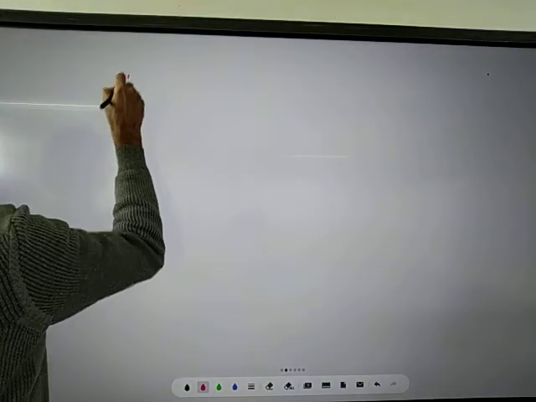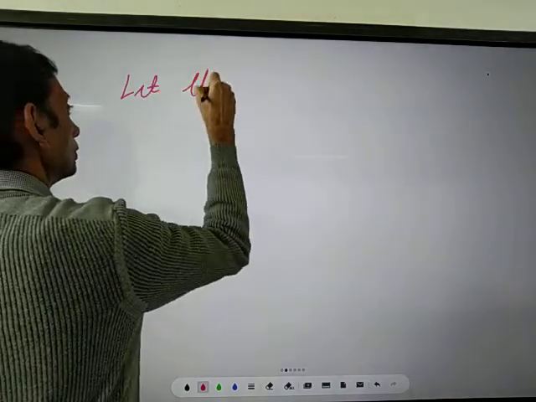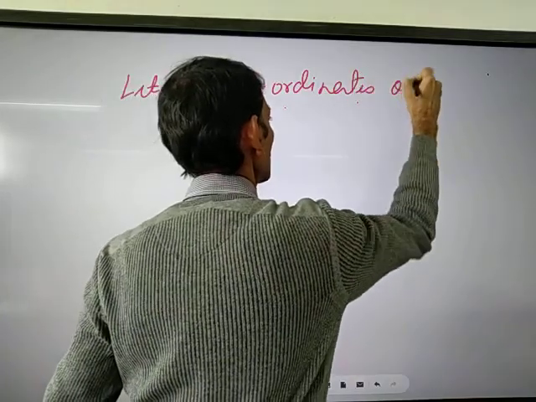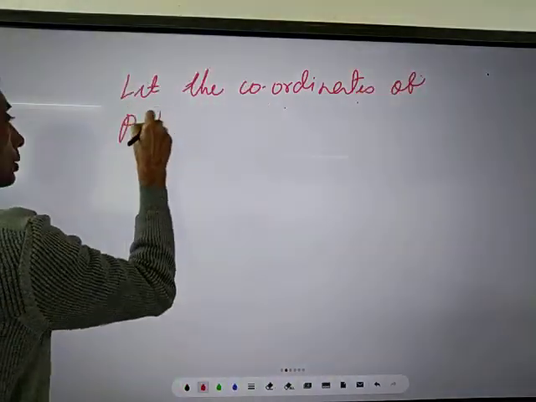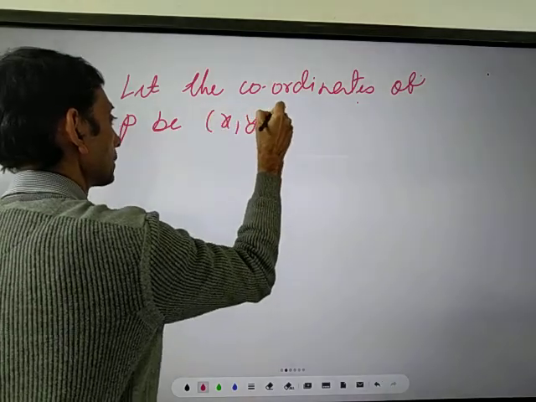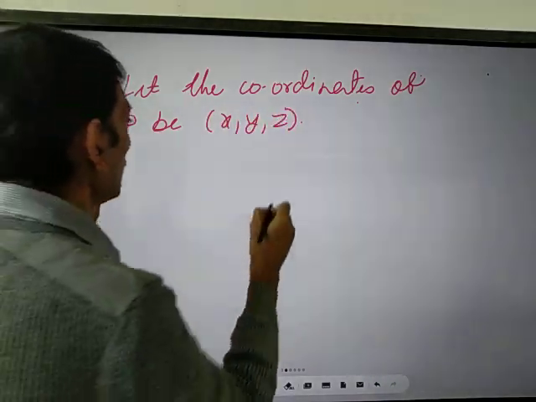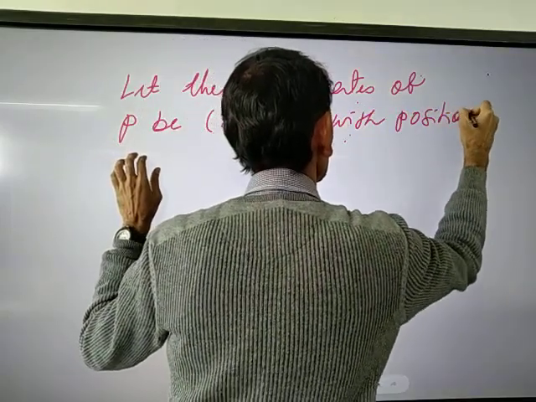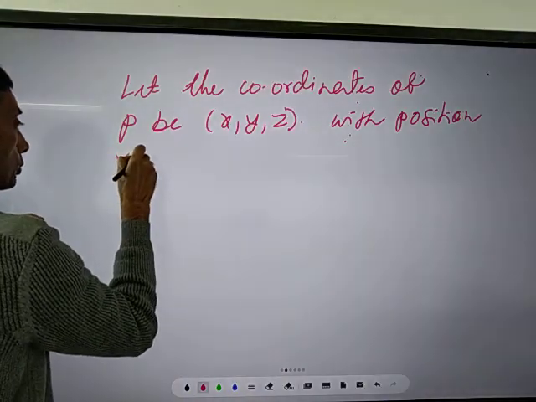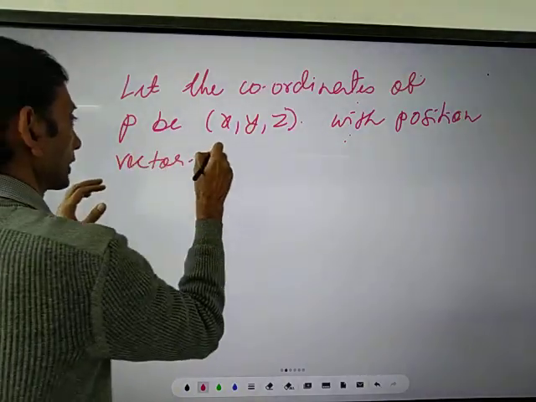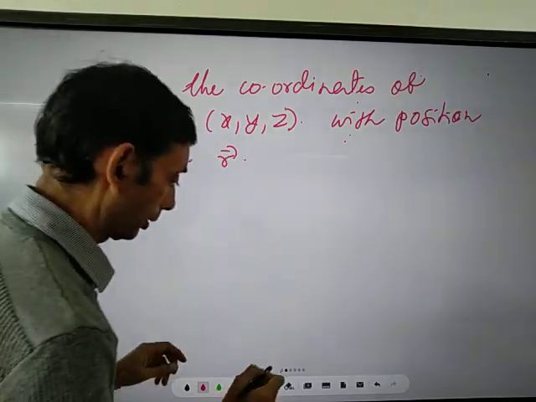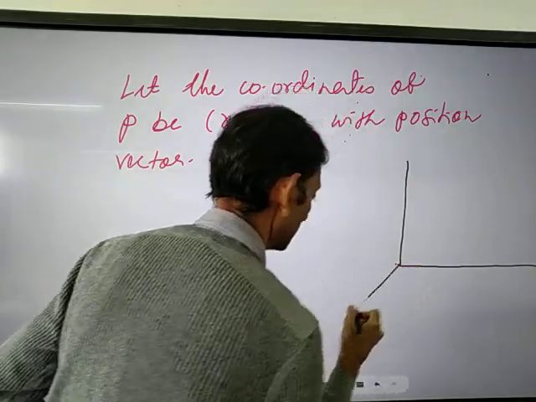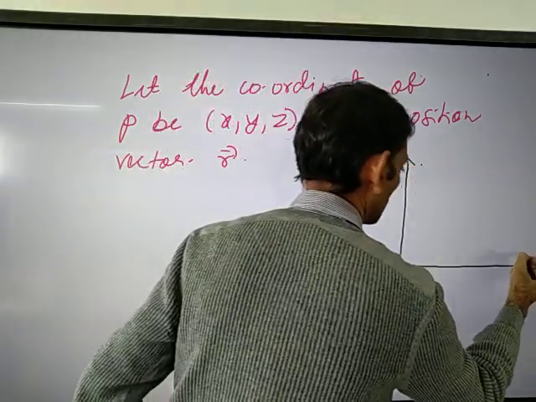So let the coordinates of P be x, y, z with position vector R. So now in case we draw the figure once more here, it will be easier for us to understand.